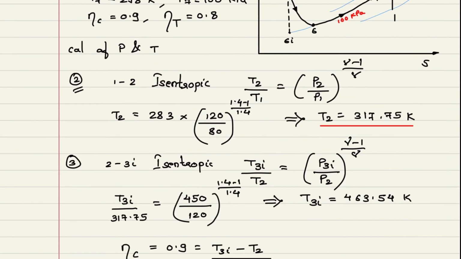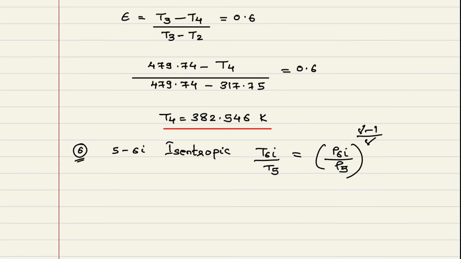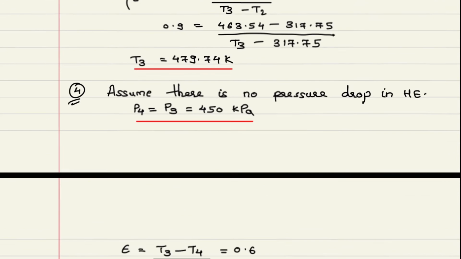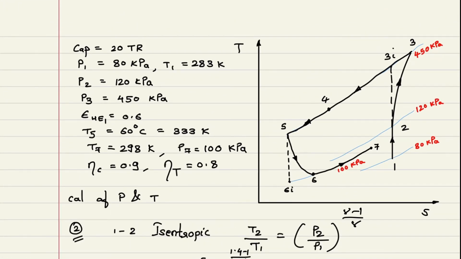Okay, now where are we? We have to calculate T6i first. So we'll see the diagram. What will be our approach? From point 5 to 6i we have considered an isentropic process, so we will get T6i. Then use the efficiency of the turbine, which is 0.8, to calculate T6. What will be the equation of efficiency of turbine?